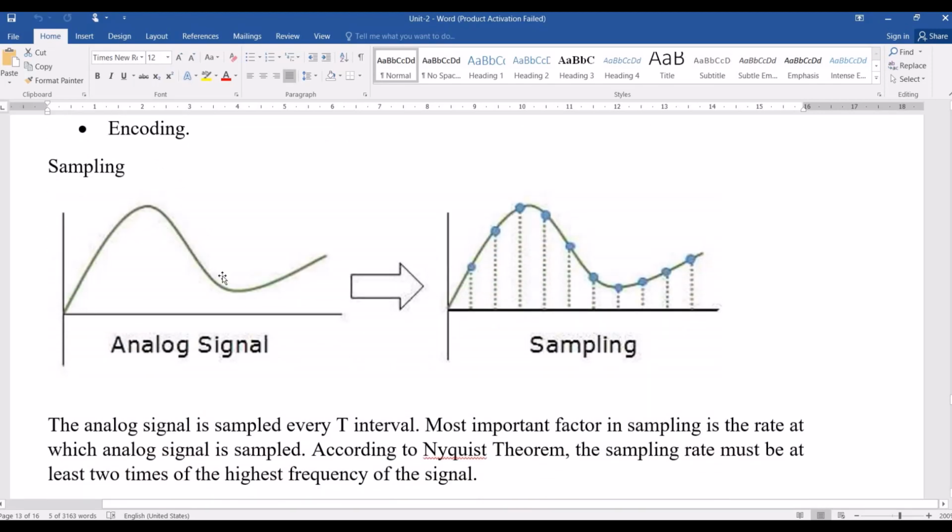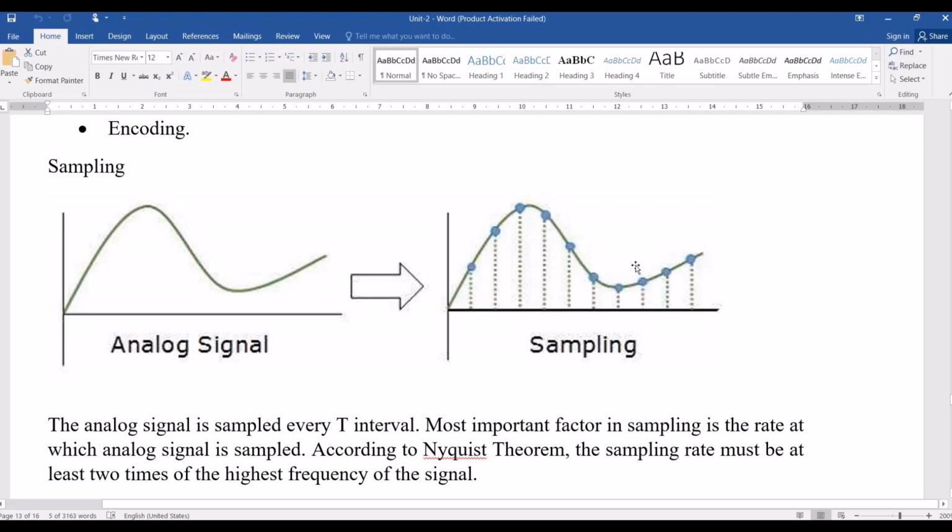Here we have the original sine wave signal. Then this is the sample, taken out from the analog signal. Suppose we have this sine wave, which means an analog signal. Then at every point we take a sample.